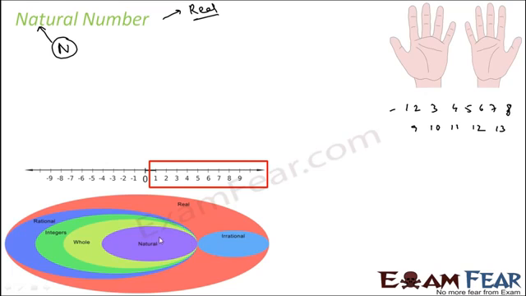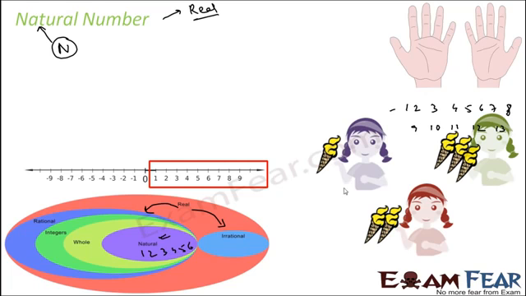If you see here, this is the natural number, the one in the purple. And natural number is part of real number. So real number is classified into irrational number and rational number. And in the rational numbers itself, we have the natural numbers. So all these numbers 1, 2, 3, 4, 5, 6 are natural numbers which you can actually count on fingers.